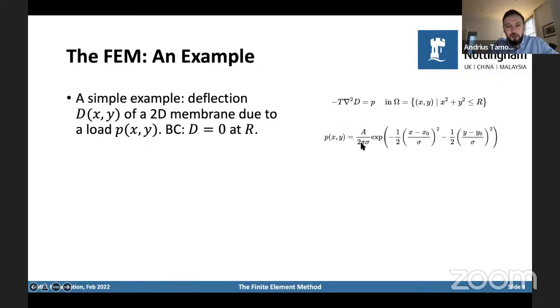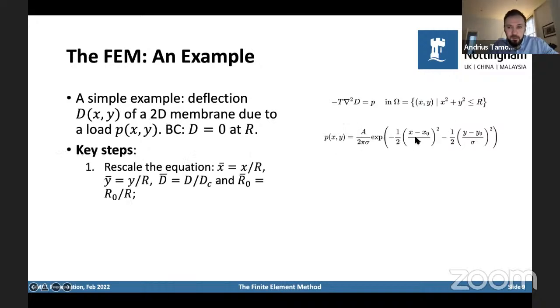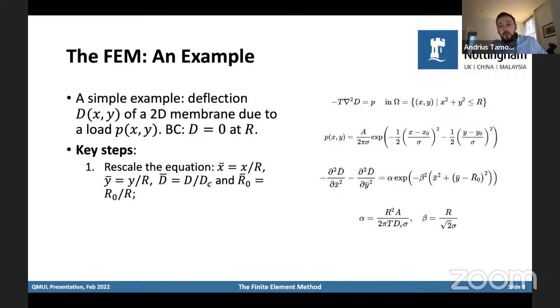And if we assume the load to be some Gaussian function, what we usually do is, first of all, rescale the equation for simplicity. We rescale the deflection by some characteristic deflection. We take all the different constants that appear and gather them together on the right-hand side in this parameter alpha. And this is what we have.